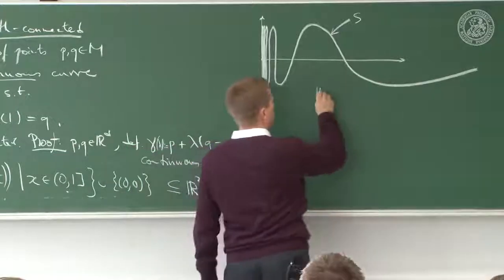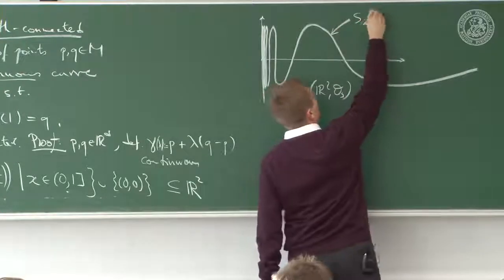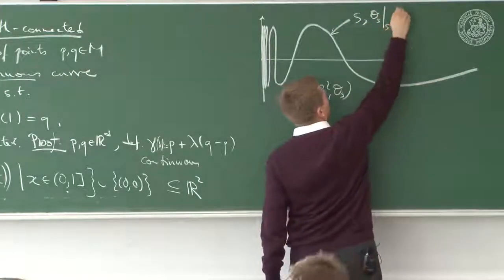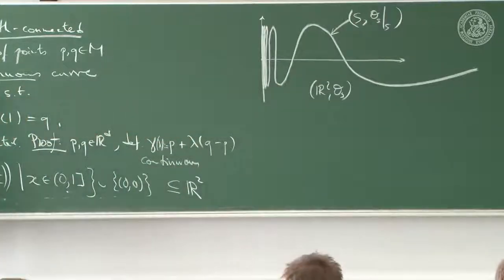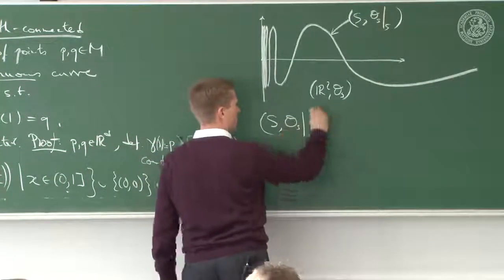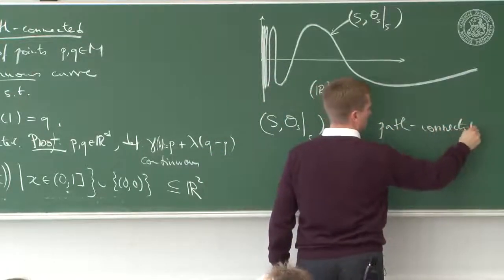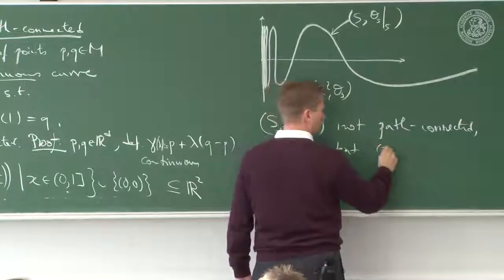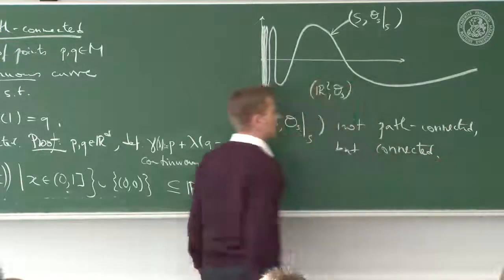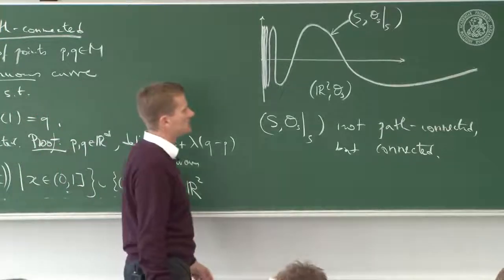And on R^2, we have a topology O, and we equip this subset S with the induced topology O_S. And that is the topological space we look at. And this guy is not path connected, but it is connected.